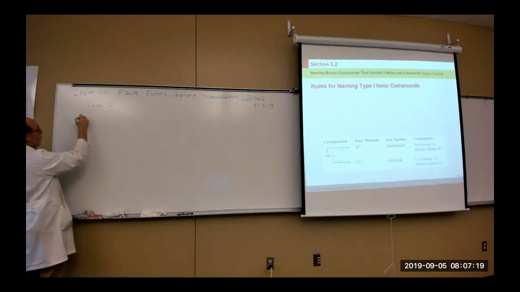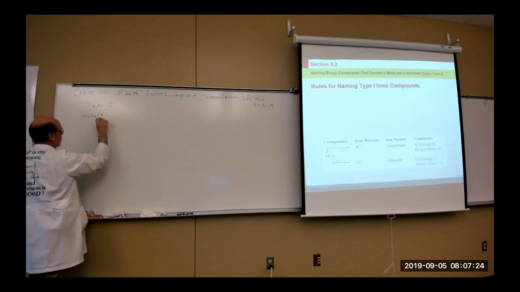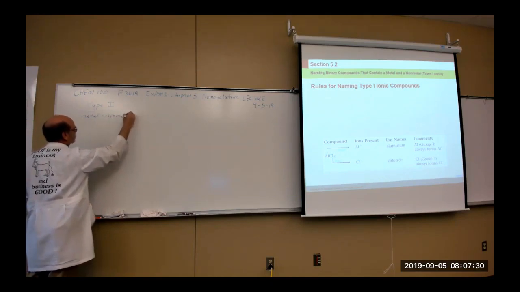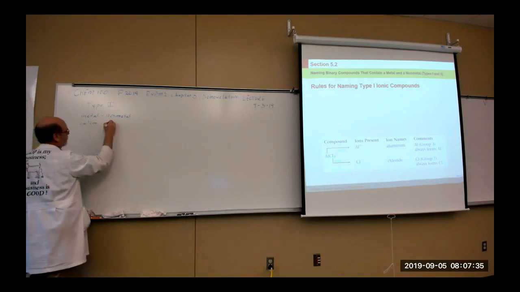We have a metal with a nonmetal, or a cation and anion.